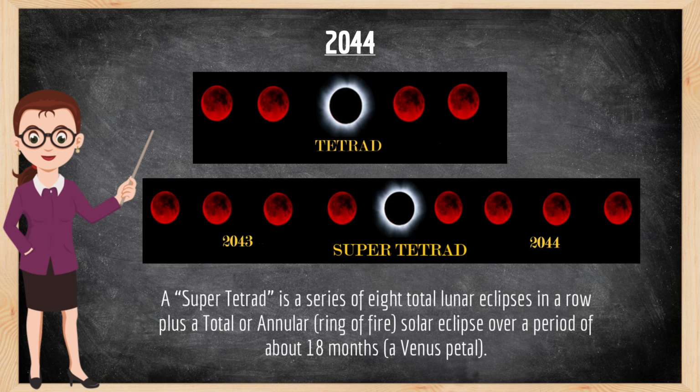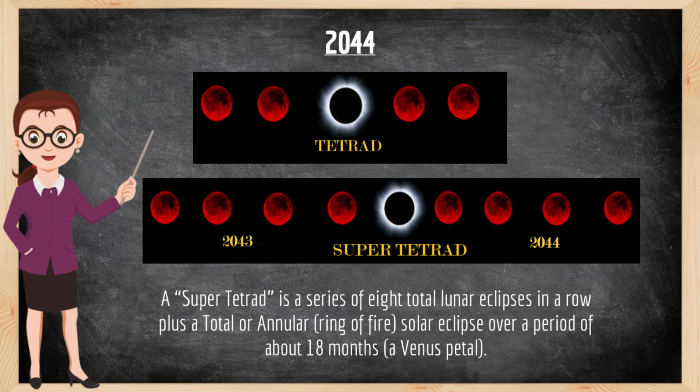But a super tetrad is a series of 8 total lunar eclipses in a row, plus a total or annular solar eclipse. So a total solar eclipse is when the whole sun is covered, and an annular is where we just see the ring of fire.